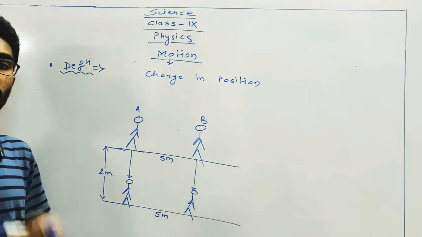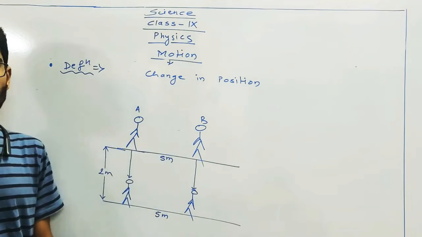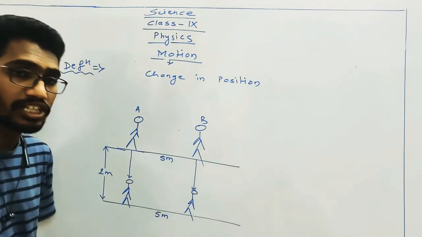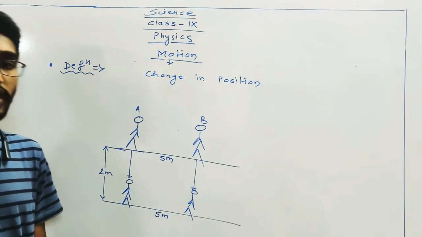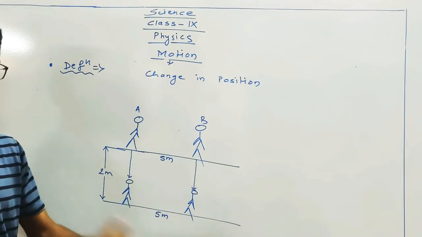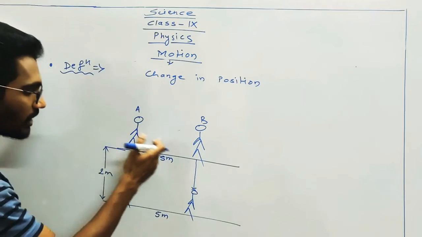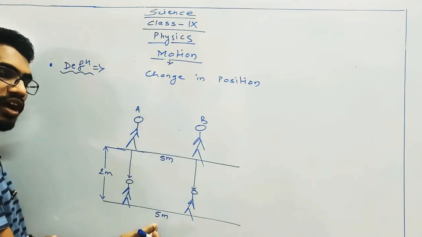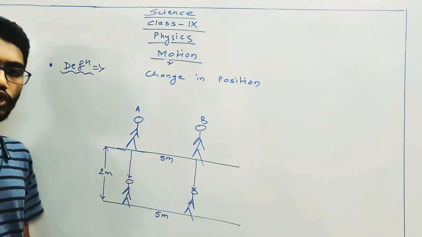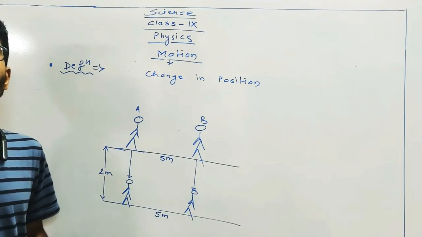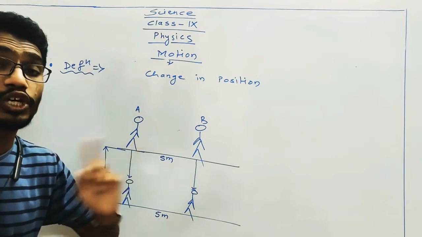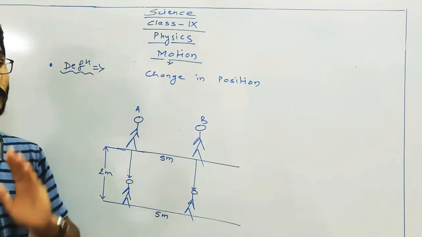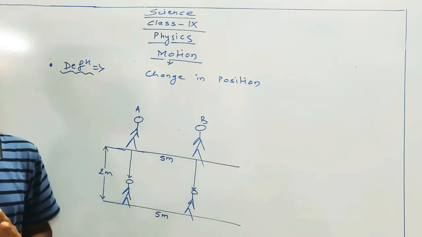No doubt they travel certain distance, but both traverse the same distance in the same direction, and that's why initially they are 5 meter away from each other, and finally also they are 5 meter away from each other. So no person changes his position with respect to each other. I am talking about with respect to each other.